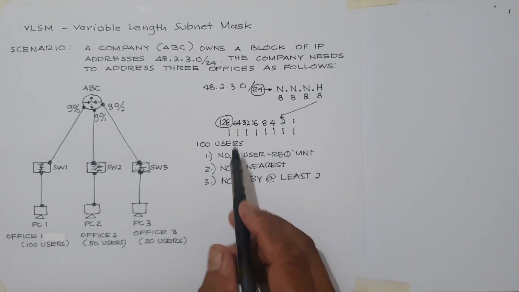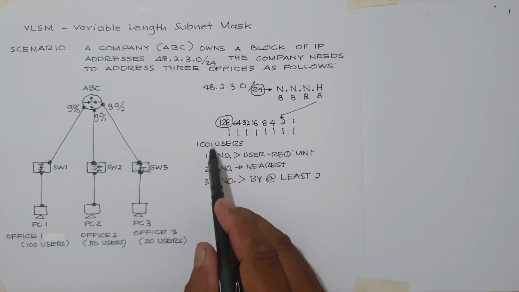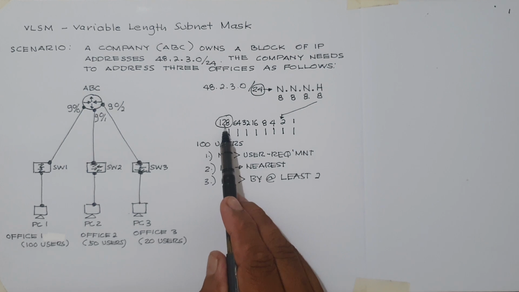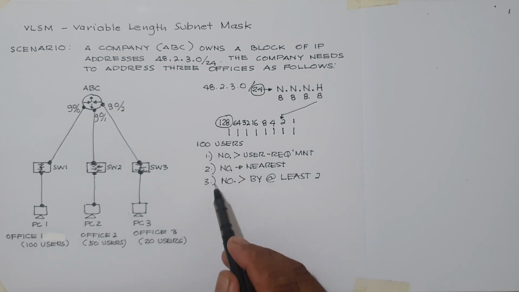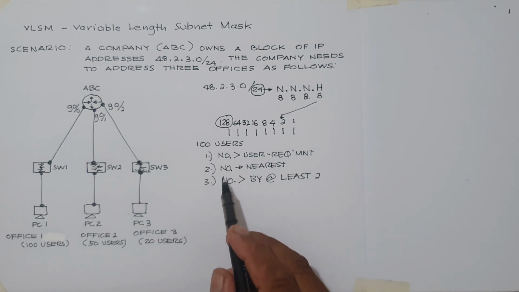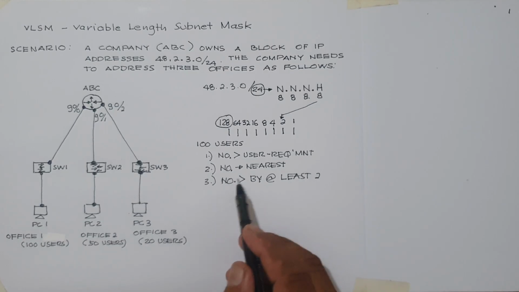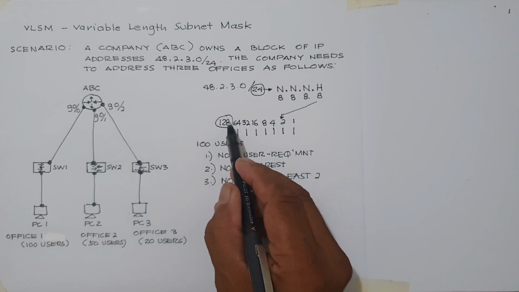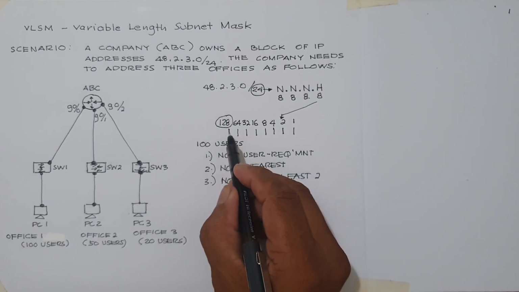So definitely, this is the one nearest to 100, and this is 28 more than 100, so it is also satisfying this criterion. Therefore, this is now the chosen number, and we now focus on the bit below it.